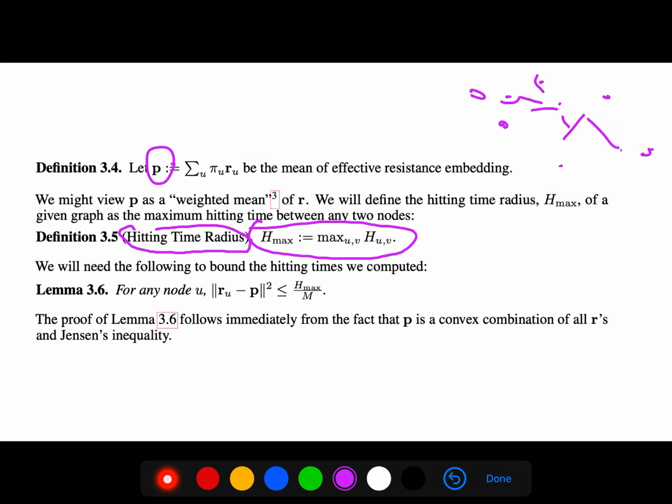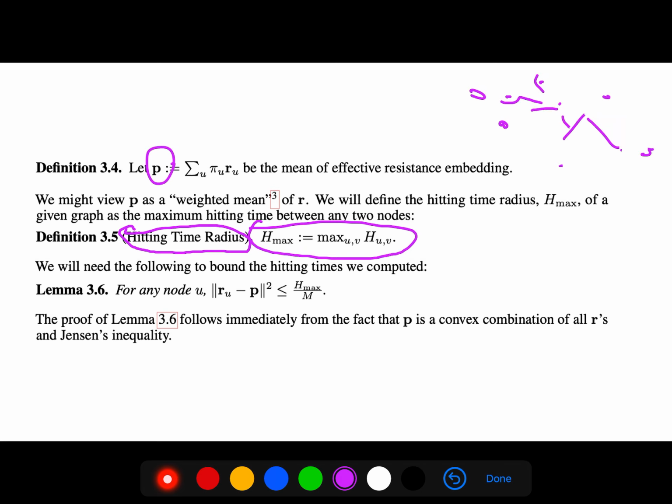It restricts the graph to a particular distribution. So this is interesting. If you put a constraint on hitting time radius, it means that you are putting a restriction on the distributions on all graphs. Do you see how powerful it is?